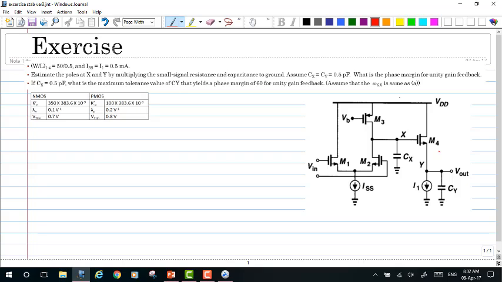How did I state that? Because we have capacitances Cy and Cx, each of these capacitances introduces a single pole in its stage.